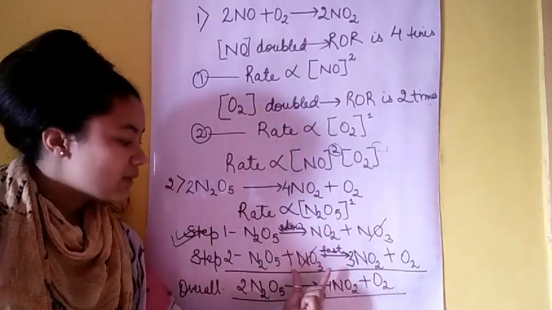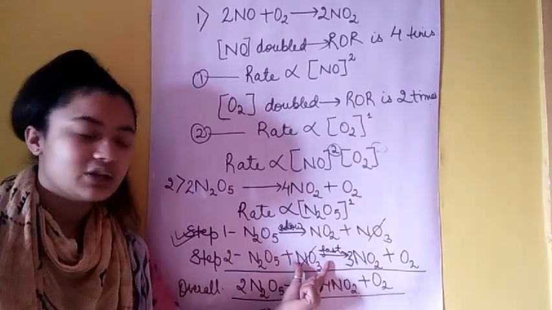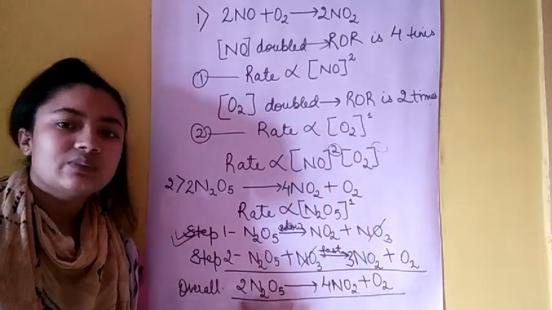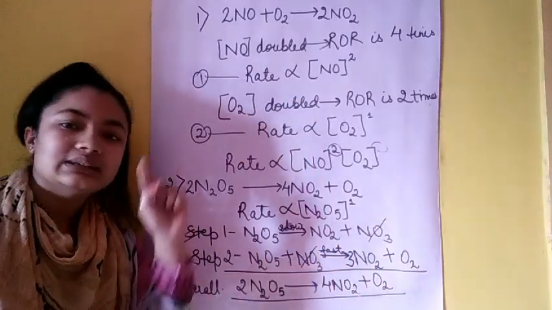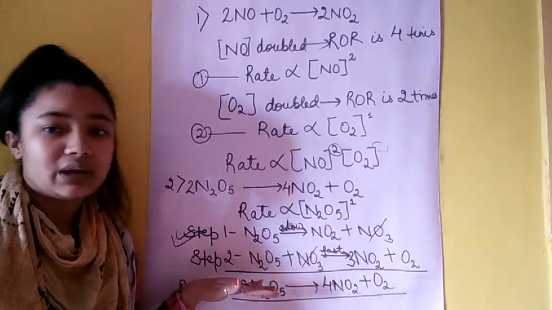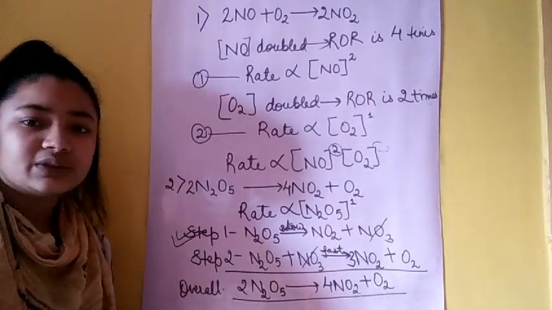And अब अगर हम step second में देखें, there is second reactant also which is taking part in the reaction, but as it is cancelling out and the overall reaction is this, so the NO3 concentration is raised to the power 0. That means this reaction does not depend upon the concentration of NO3, right? Understood this much?